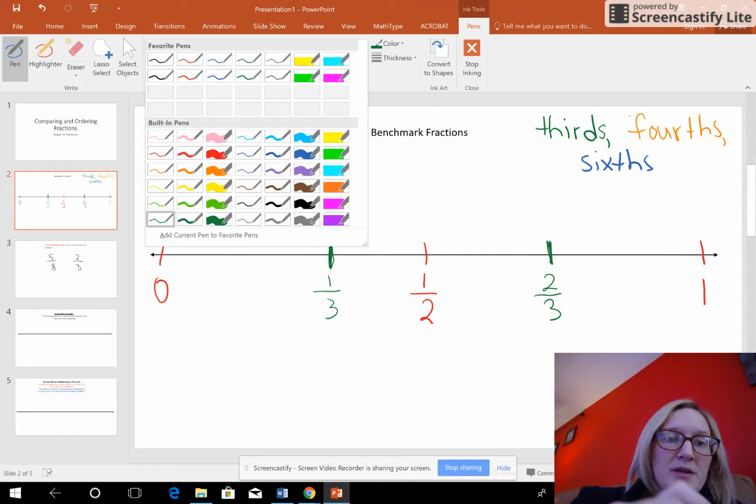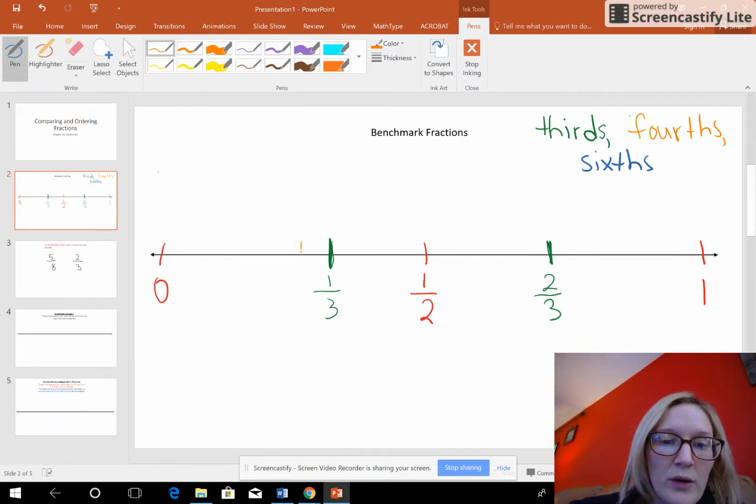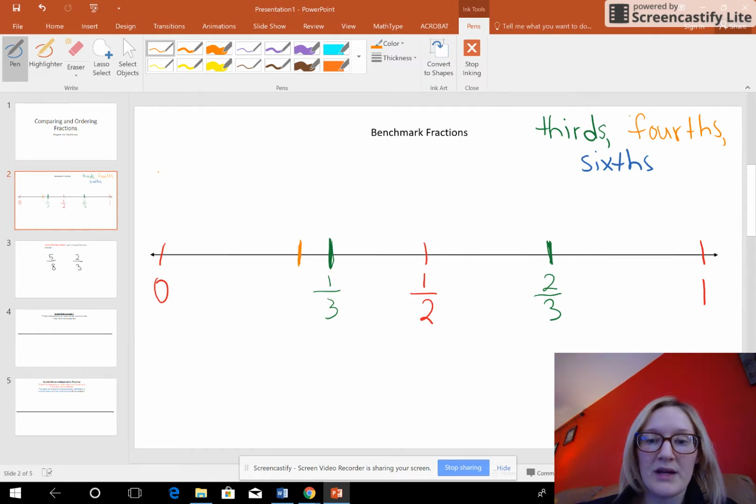Now, if I wanted to do the same thing for fourths, I would do the exact same steps. I'm going to visualize this whole piece and how I would break this up into 4 equal parts. So again, my pieces are going to be a little bit smaller because I'm gaining more parts. So here would be my first part, my second part, my third part, and my fourth part.